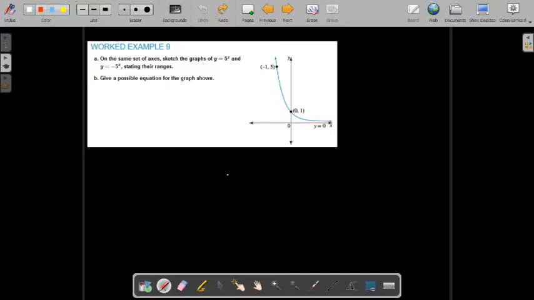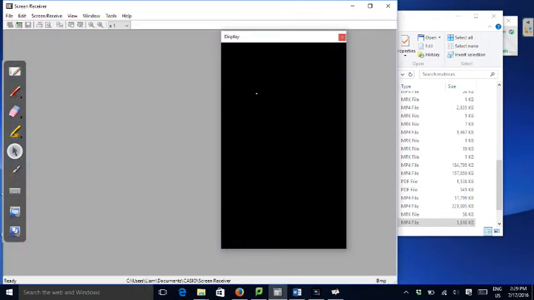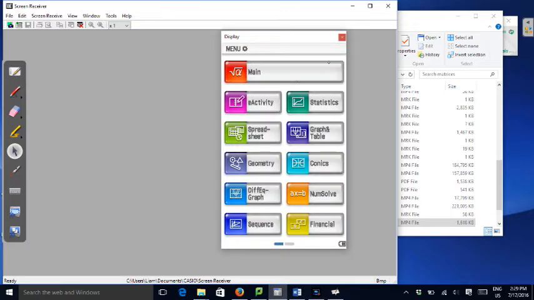So we've got part A, worked example 9, on the same set of axes, sketch the graphs of y equals 5 to the x and y equals minus 5 to the x. So if I get my calculator out, there we go.